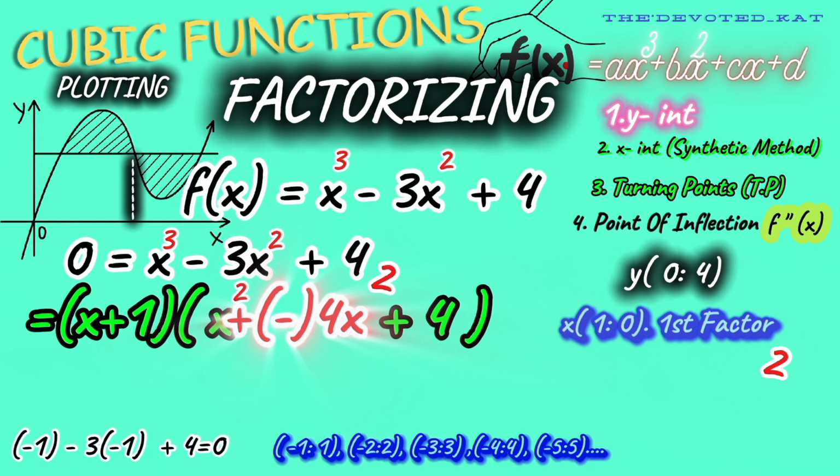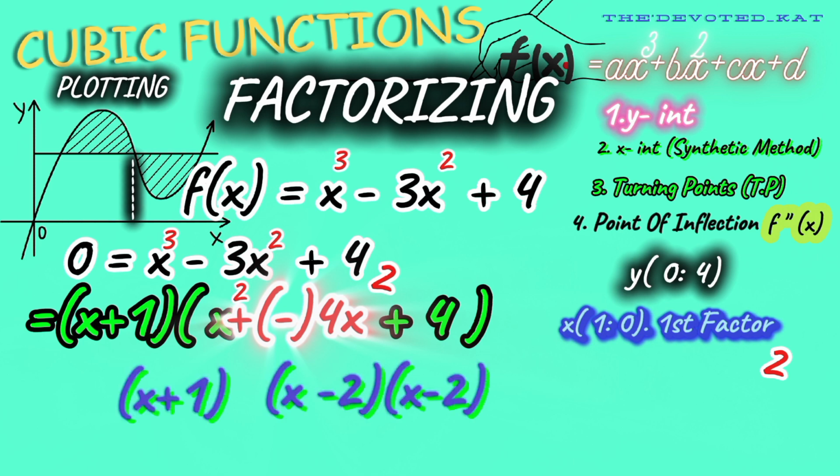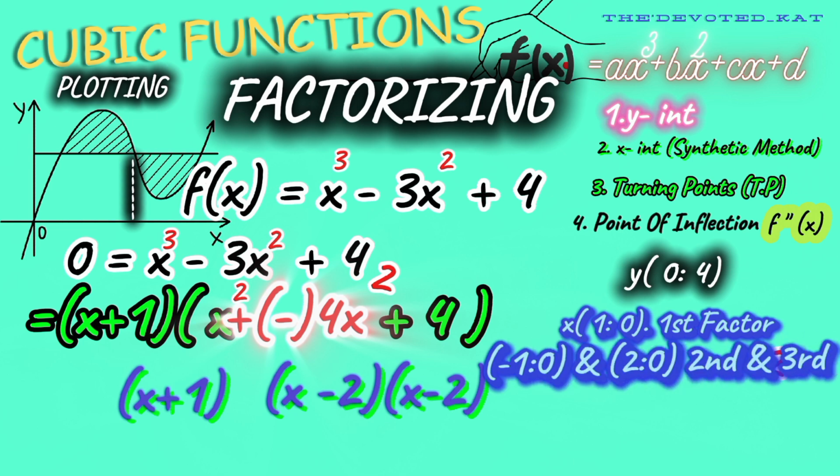From here we can simply factorize our second bracket, and we can see that we will have x minus 2 into x minus 2, because when we multiply these two, they should give us positive 4, and negative 2 plus negative 2 will give us negative 4, and x times x will give us x squared. From here we can see that our x-intercepts will be negative 1, 0 and 2, 0. That's where our graph intercepts the x-axis.